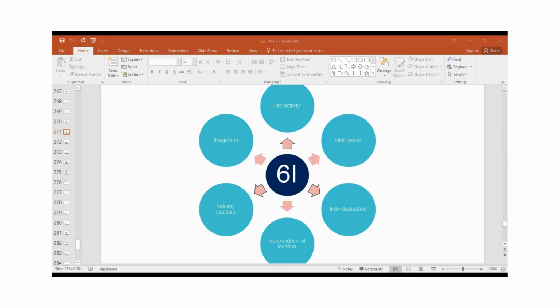Then we see integration. Integration is multiple activities which are integrated with the use of technology. The expectations can be collected from the customers and also catered to.